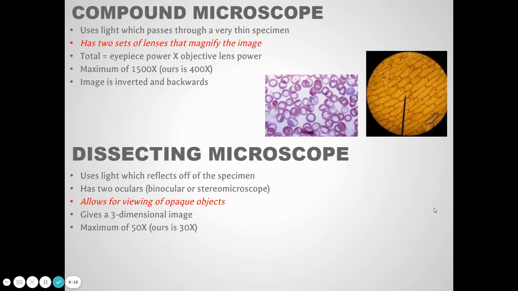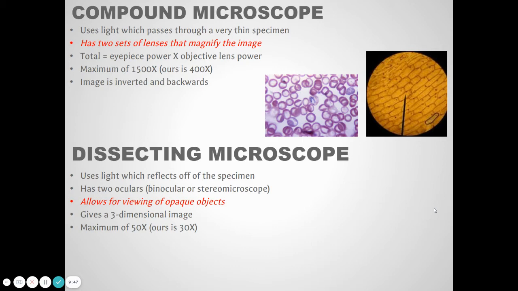What you have is this type of microscope uses a light that's shining from above. Remember, on the compound microscope, the light came from below. What that means is I could look at my hand through this microscope because light's coming from above, hitting my hand, bouncing up through the lens and out the eyepiece.